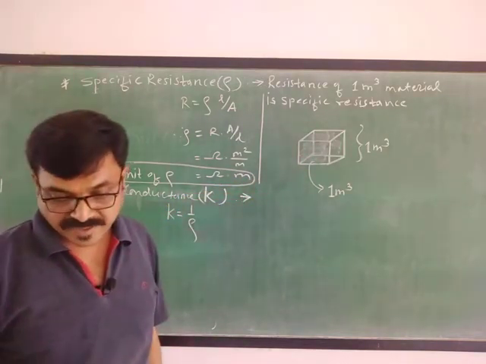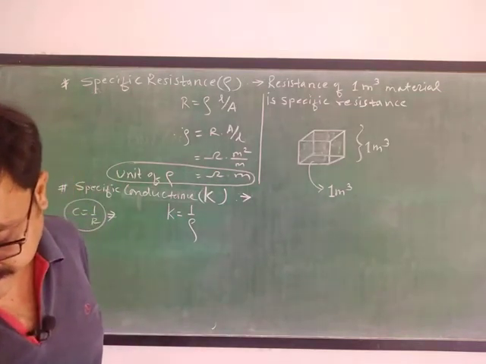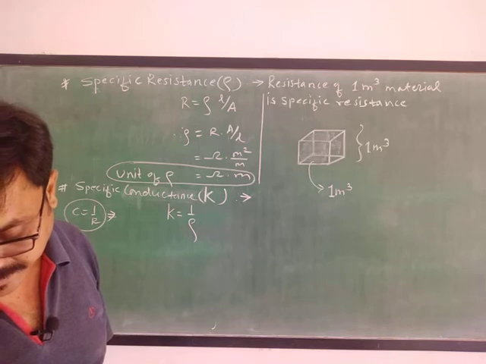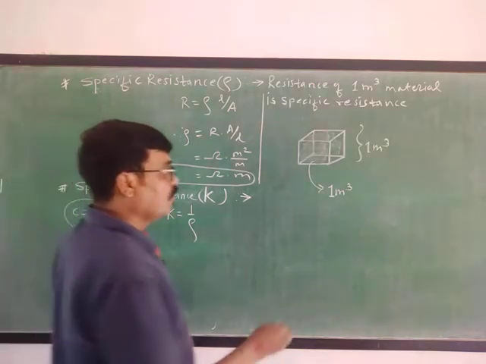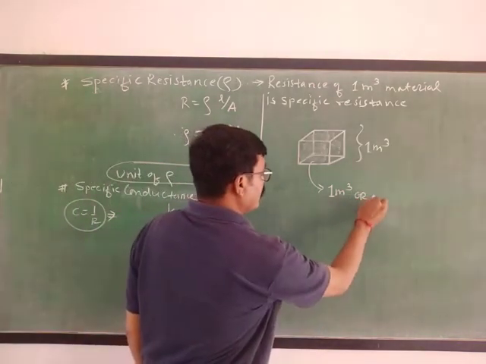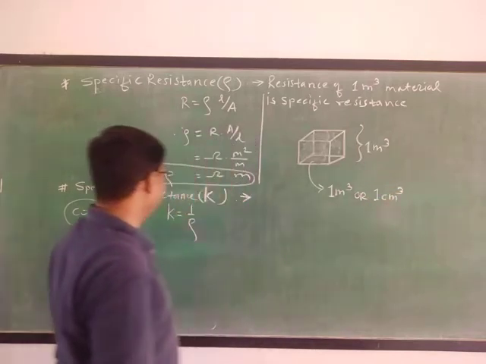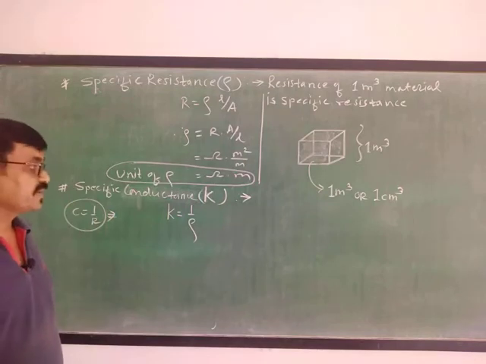Then the specific conductance can be defined as the conductance of 1 cubic centimeter solution or 1 cubic meter solution. Such a conductance of a solution is called specific conductance.